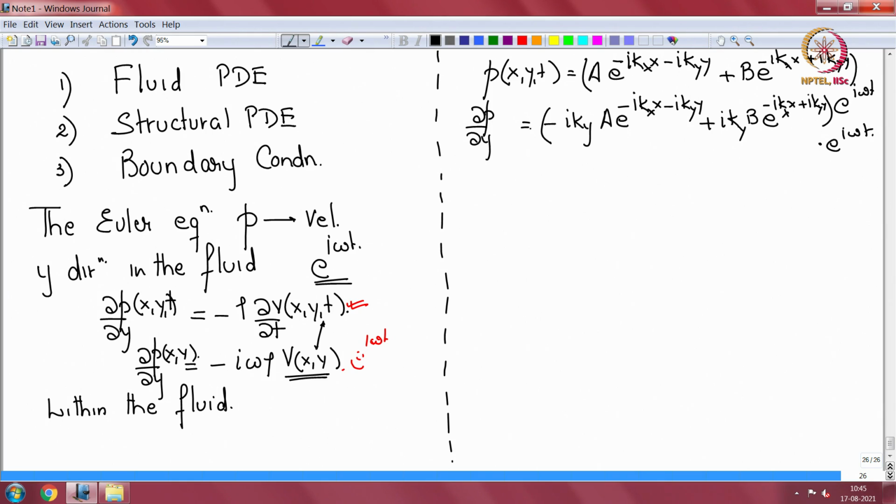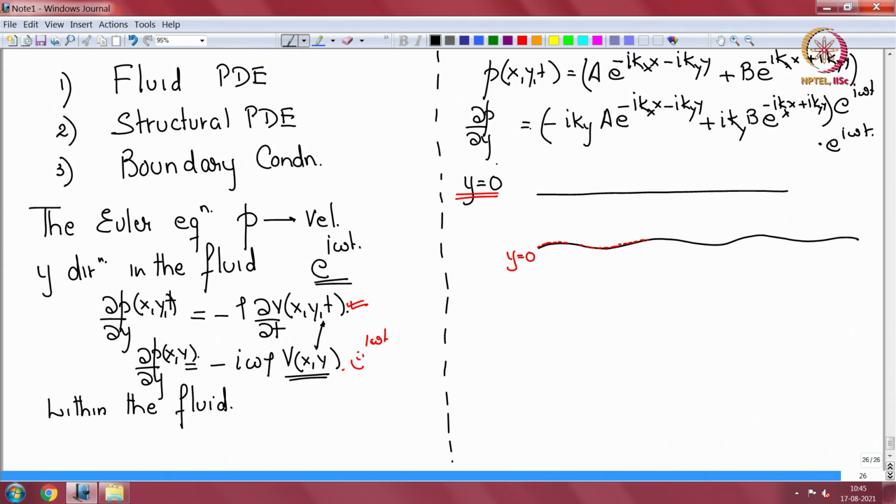Now suppose we evaluate this at y equal to 0. Why do we do that? We do that because in the waveguide the bottom plate velocity and the acoustic fluid particle velocity that is contiguous with the vibrating plate must be the same. So this is the y equal to 0 position, so we evaluate the Euler equation at y equal to 0.